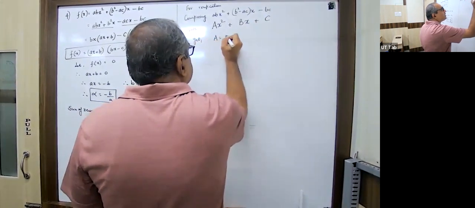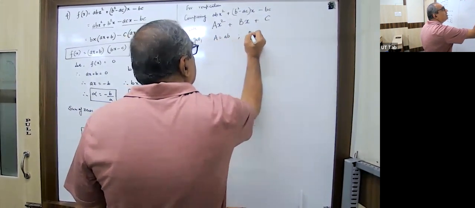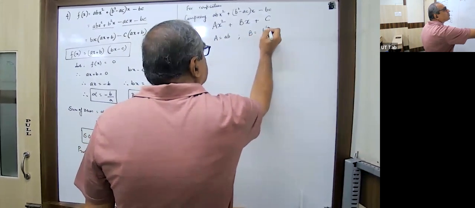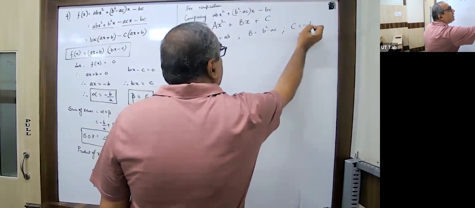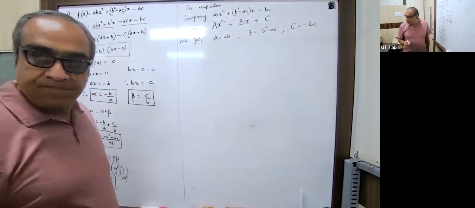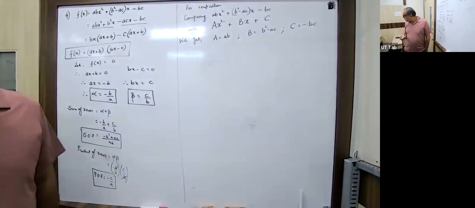A is AB, B is B squared minus AC, C is minus BC. This is clear?